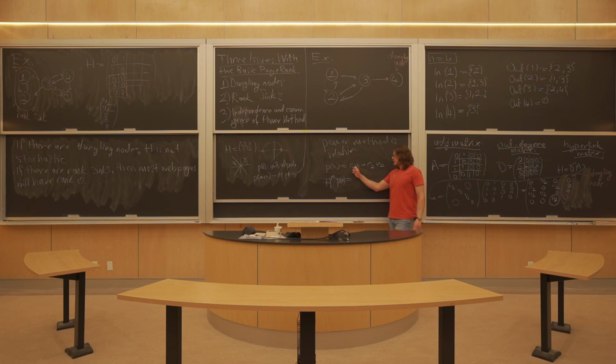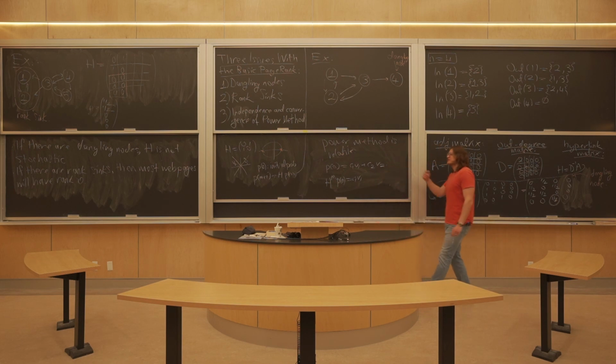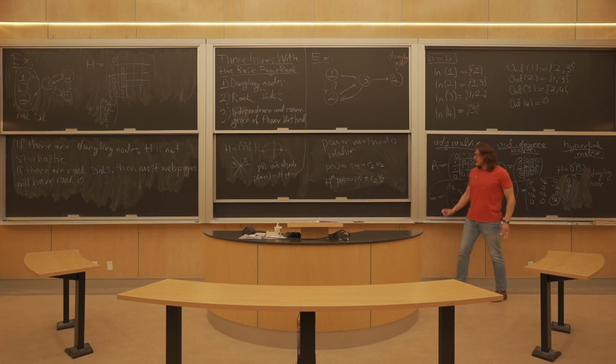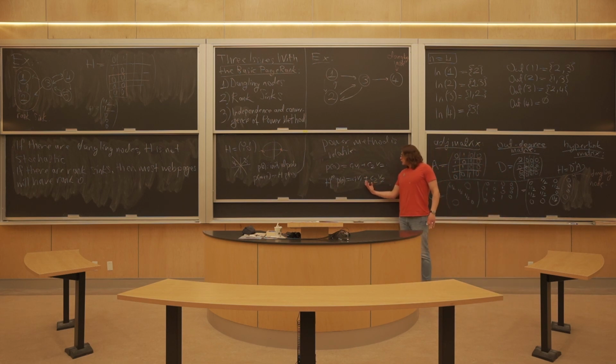Because V1 is an eigenvector associated to the eigenvalue 1, this part is going to stay the same. The second part is going to keep oscillating between plus and minus, because V2 is an eigenvector associated to minus 1. So this is going to be plus or minus C2 V2. But in order for the power method to work, you want every piece that corresponds to eigenvalues less than 1, or non-1, to decay, so that ultimately you only end up with this.